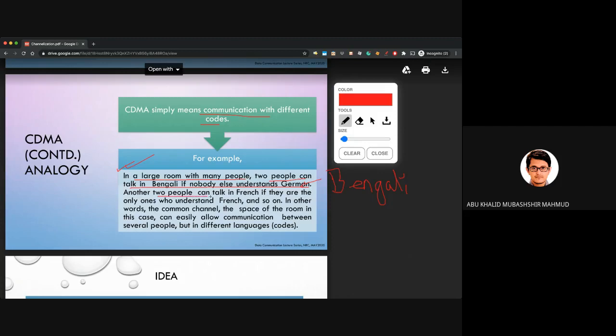Another two people can talk in French if they are the only ones who understand French, and so on. In other words, the common channel, the space of the room in this case, can easily allow communication between several people, but in different languages, which are analogous to codes. I hope you correct this.